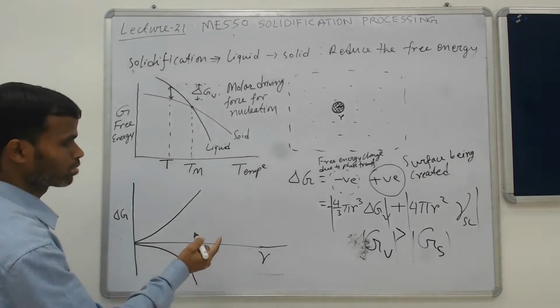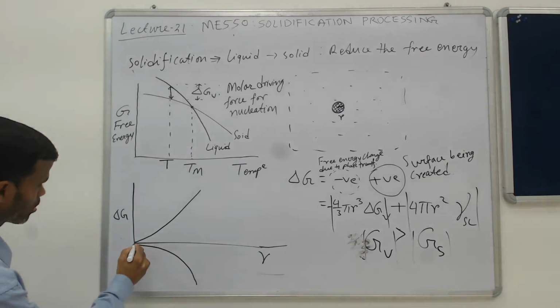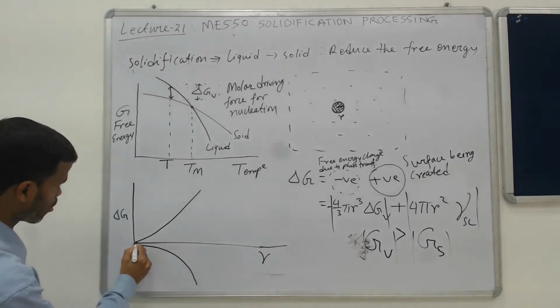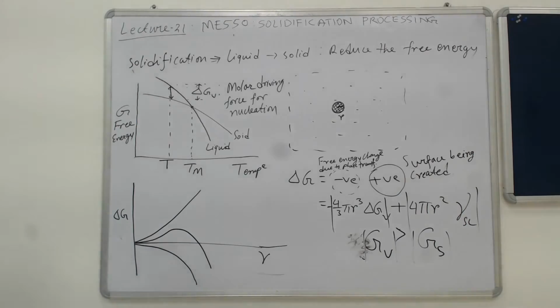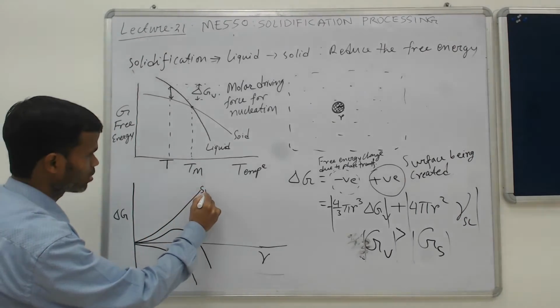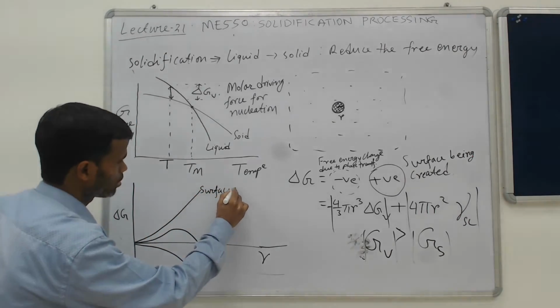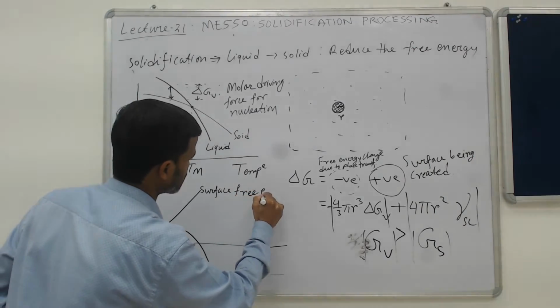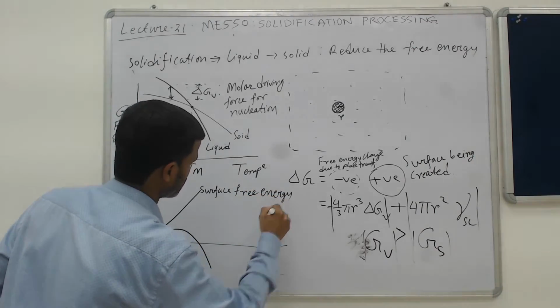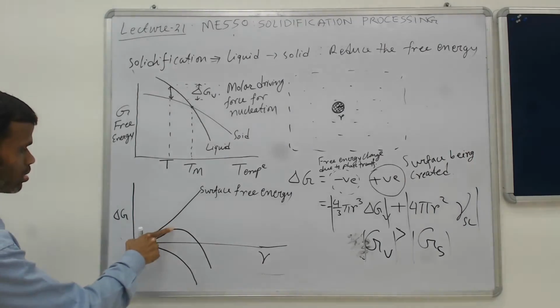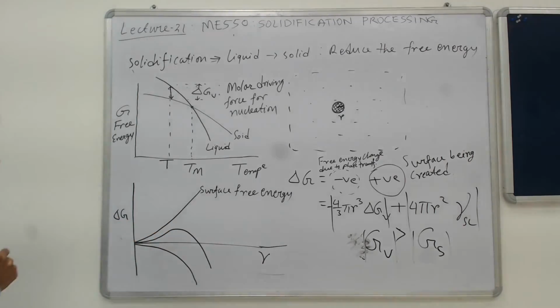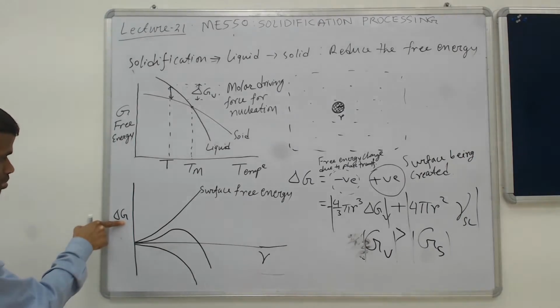Initially, the moment you create a surface, the overall change will be something like that. Initially this surface free energy will dominate the overall change in free energy. That is the energy of formation.